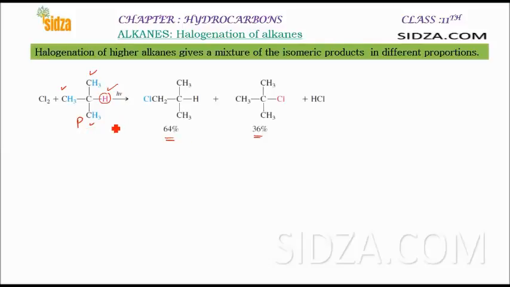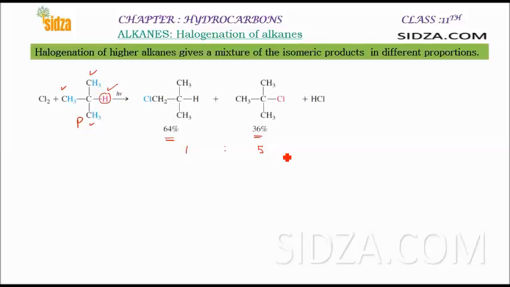But we learned that tertiary is more reactive than primary, 5 times more reactive. That means we should expect the ratio to be 1 primary and 5 times this one.